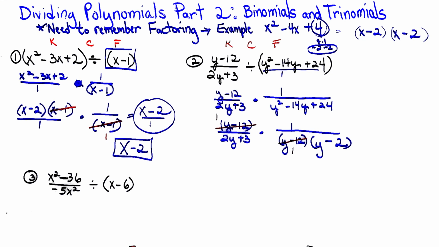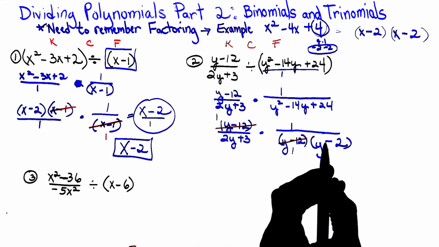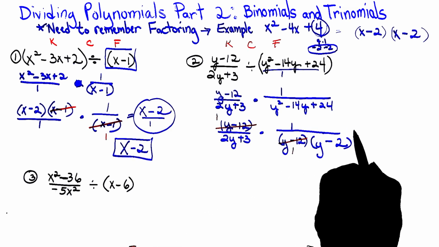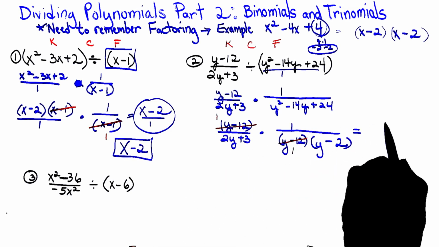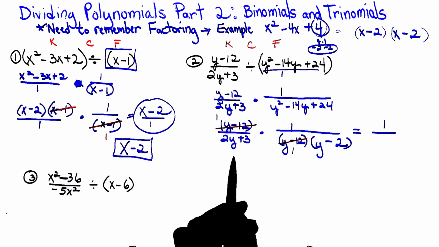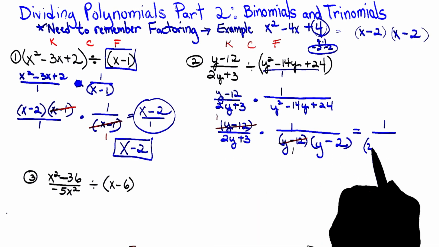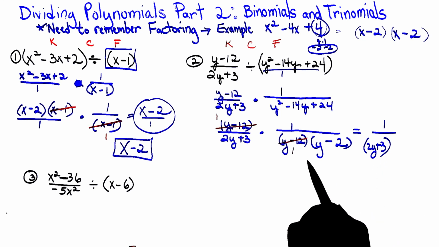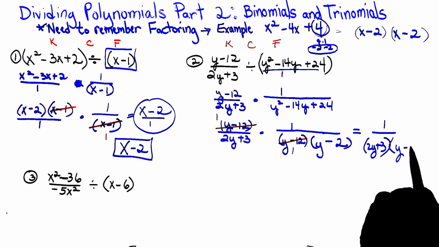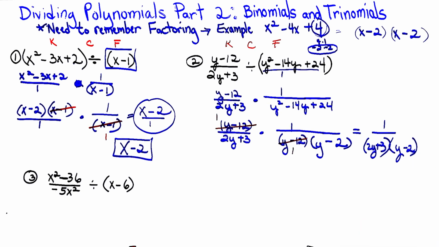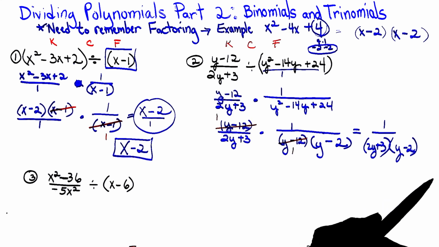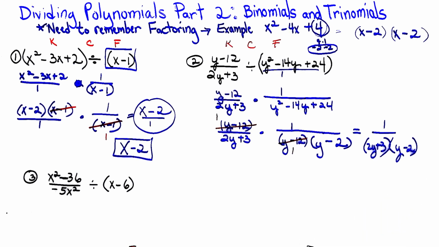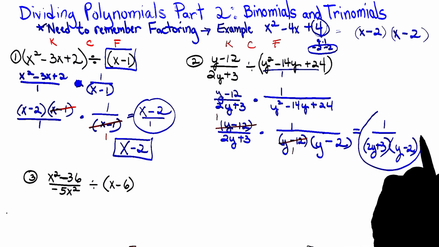So when we write this in our multiplication form, 1 times 1 is 1, and I have the quantity of 2y + 3 times y - 2. And I can actually just leave it like that. I do not have to multiply it out. So this is going to be our final answer.